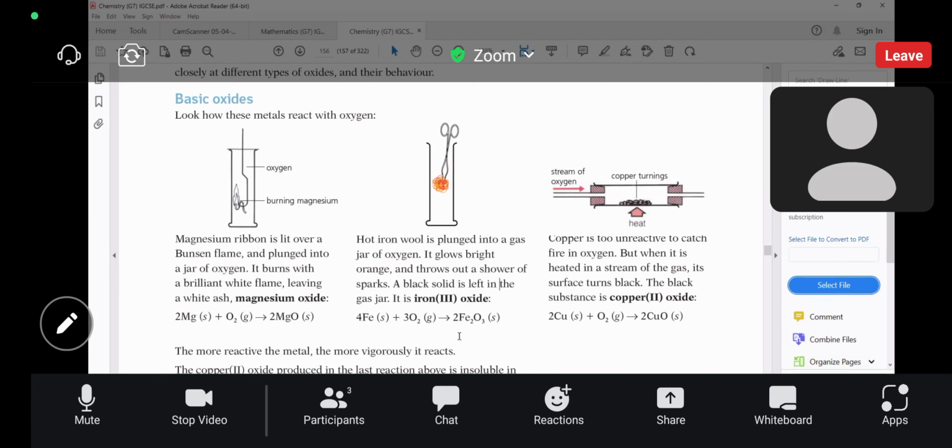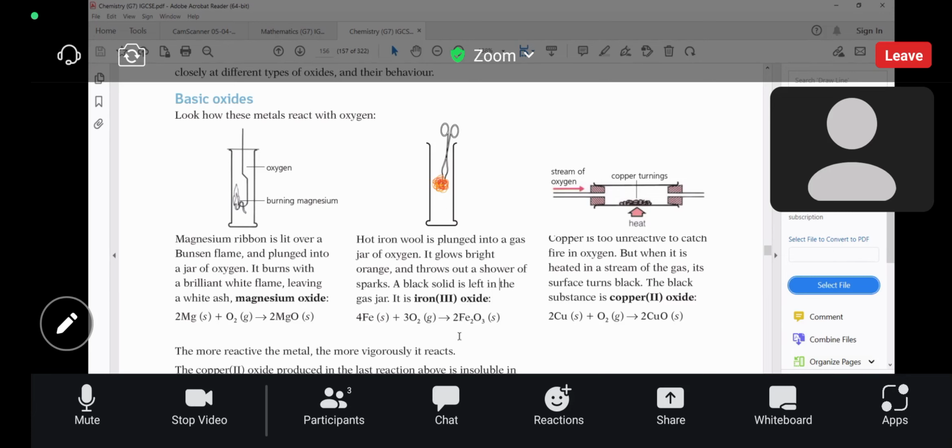Yeah. If you put magnesium, so have you written this? Yeah, I will do it. And you better write this series as well, then only you can understand what we have done here. So we have compared the reactivity of magnesium, ferrum and copper with oxygen. So what will happen?